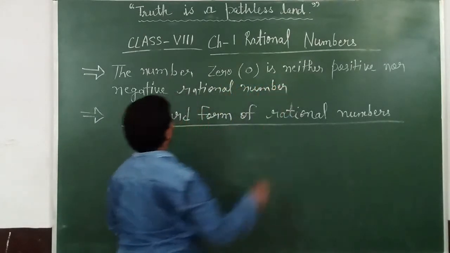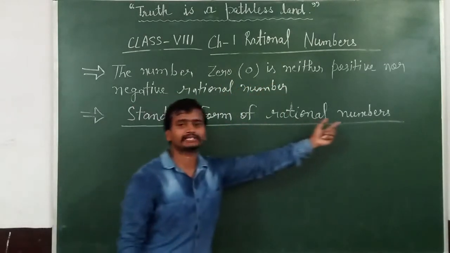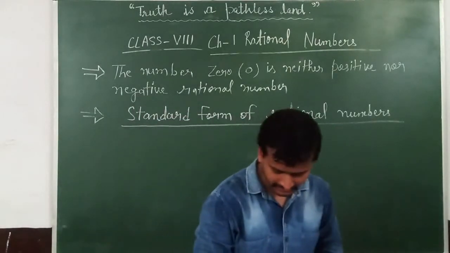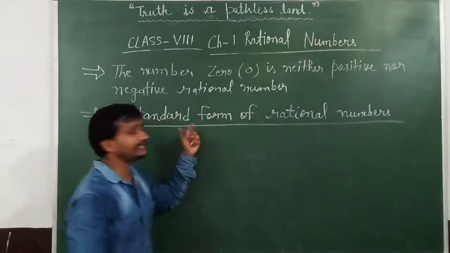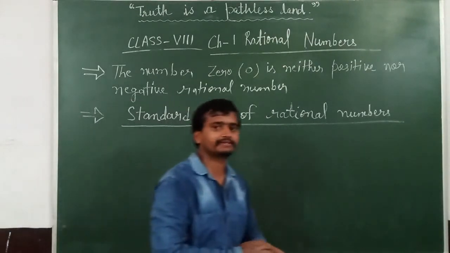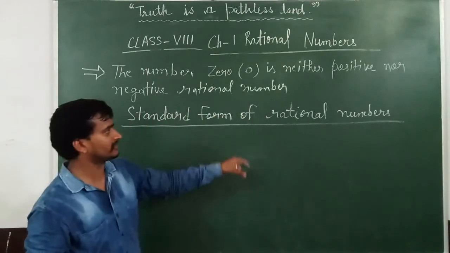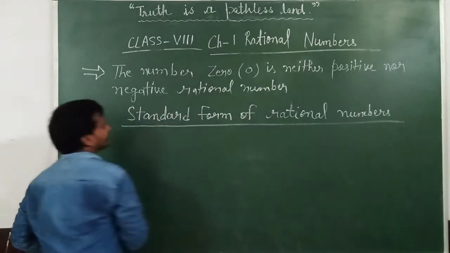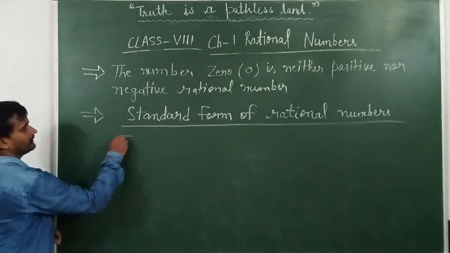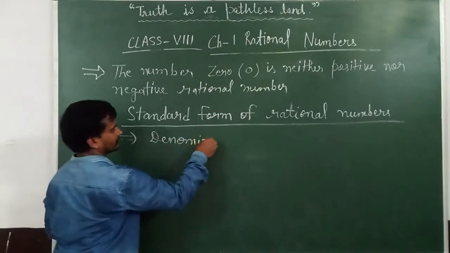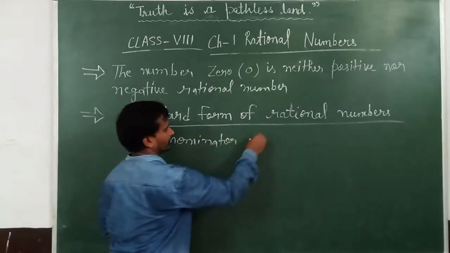Next is standard form of a rational number. In standard form of a rational number, what are the necessary conditions that a rational number should fulfill? The condition is the denominator should be positive.